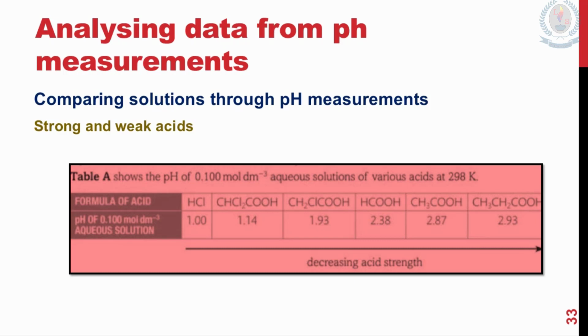The formula of each acid is given here and the pH of the 0.1 M aqueous solution is also here. Now you can see when the acid is weaker, the pH is increasing, which means the strength is decreasing. That is the meaning of this table.